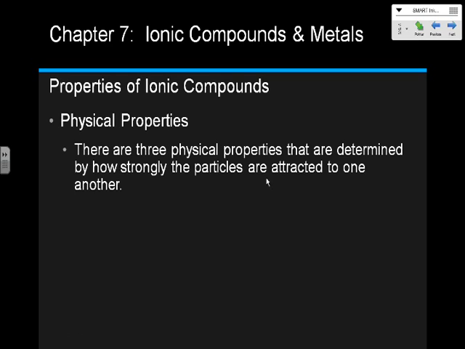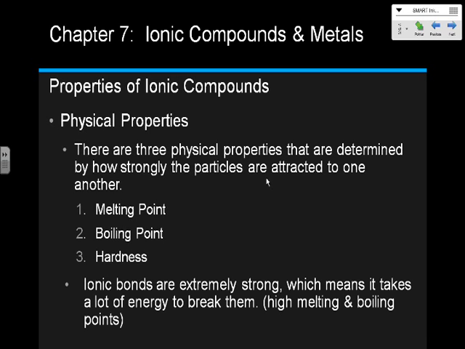There are 3 physical properties determined by how strongly the particles are attracted to one another: melting point, boiling point, and hardness of the ionic compound. Ionic bonds are extremely strong, which means it takes a lot of energy to break them. That gives ionic compounds high melting points and high boiling points, because heat is a type of energy.